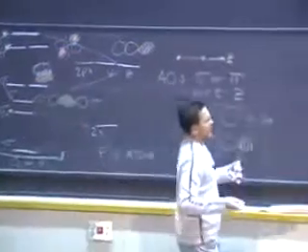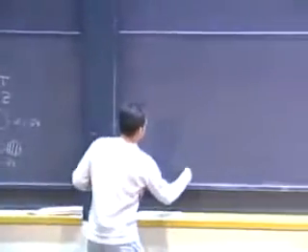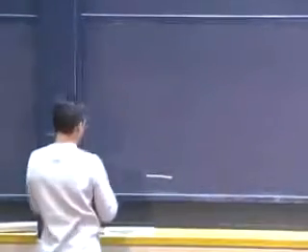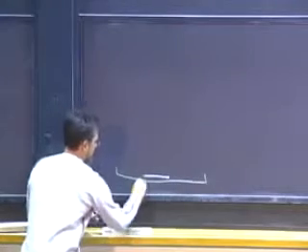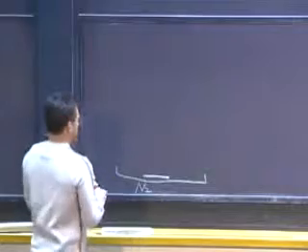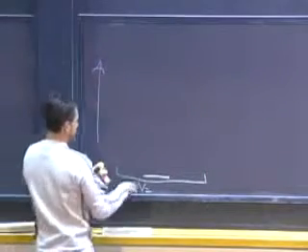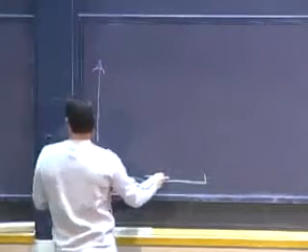And let's just go ahead and draw that diagram for the molecule. So this set of energy levels corresponds to, for example, N2. And we have increasing energy on the vertical axis.